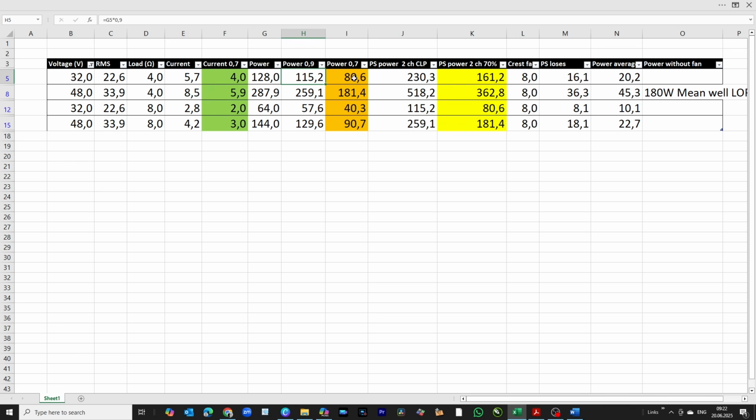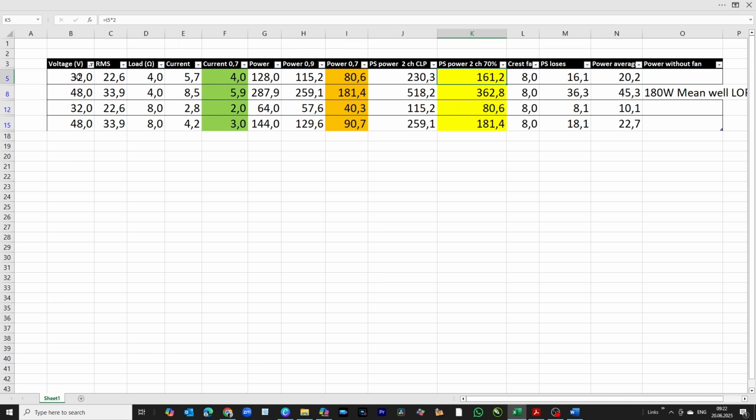And power at 70% is about 80 watts. That means if we want to run our system at clipping level, we need a power supply of 230 watts, and at 70%, about 150 or a little bit more.